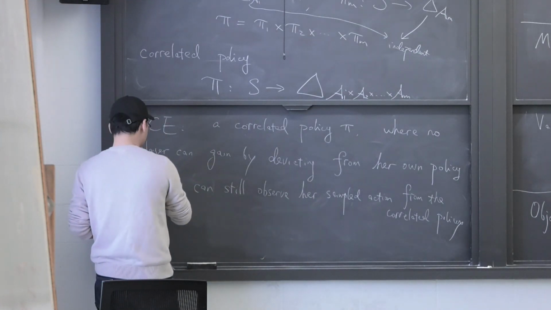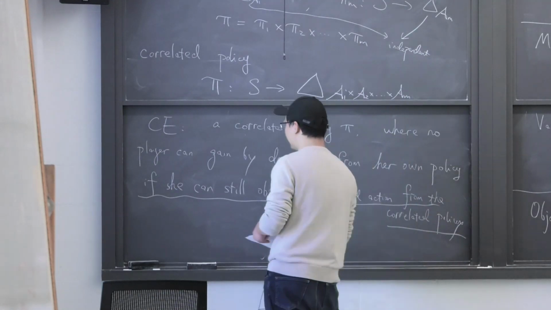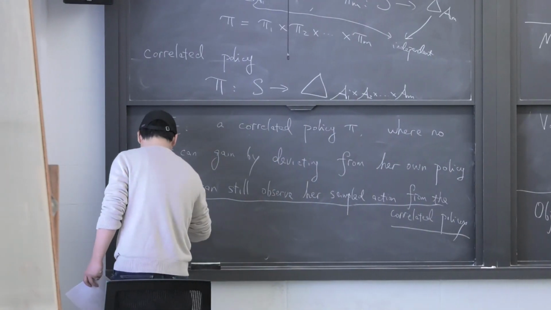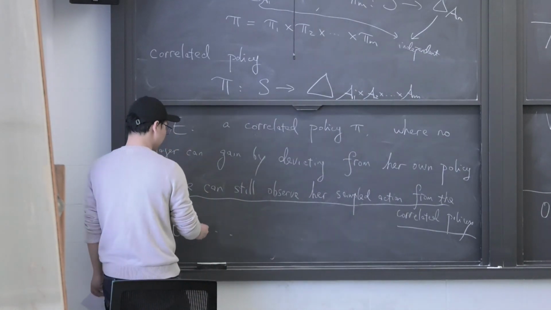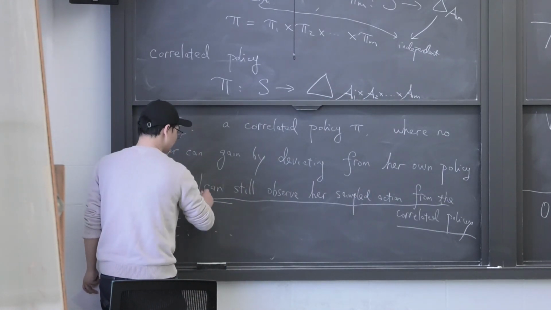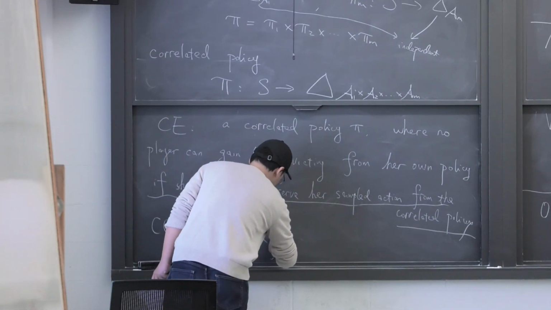And we will talk a little bit more about what this means. The CCE is basically the same kind of definition, and the only difference is that she can no longer observe. So this changes to cannot.